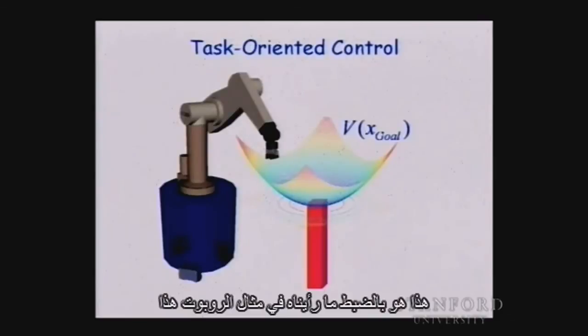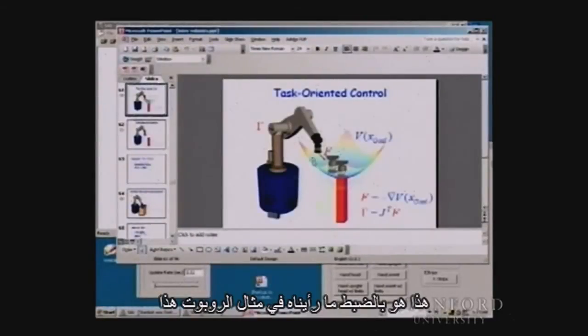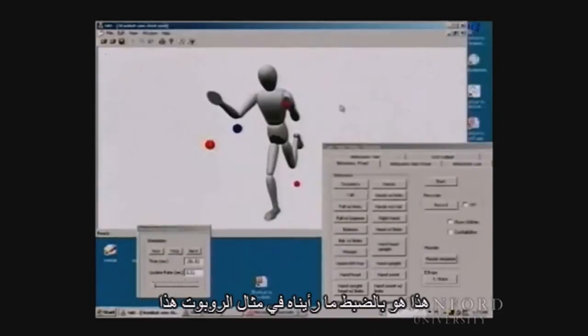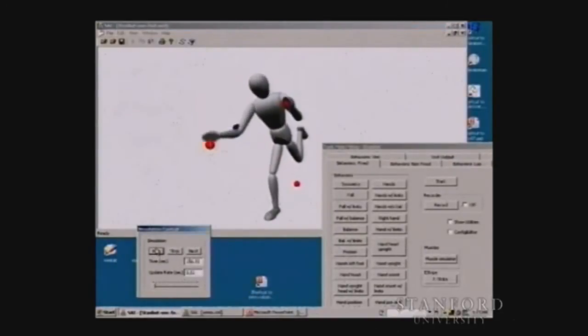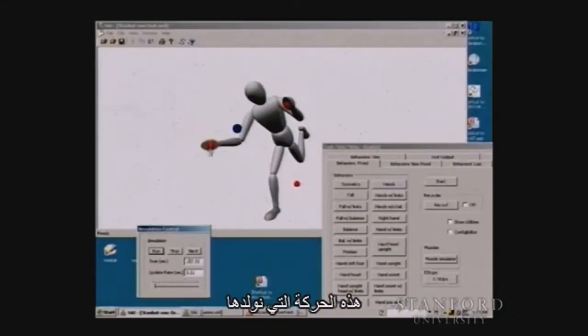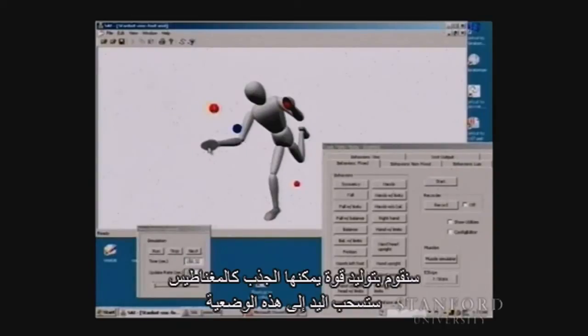And this is precisely what we saw in the example of this robot here. So this motion that we are creating, if we are going to move the hand to this location, we are going to generate a force that is like a magnet. It will pull the hand to this configuration.